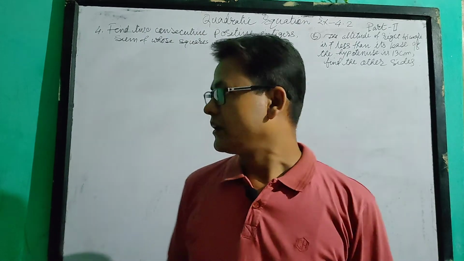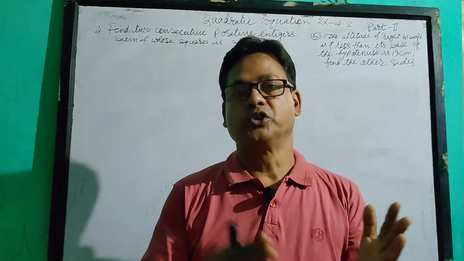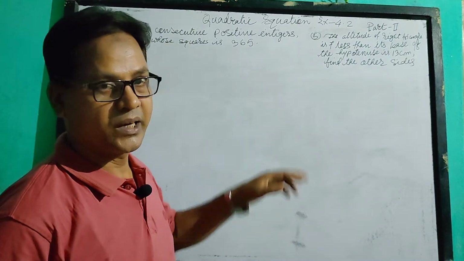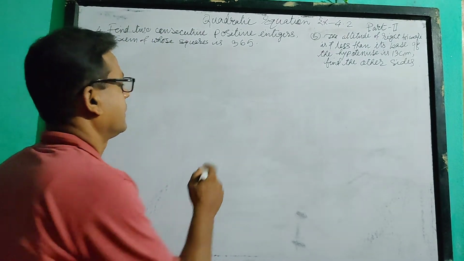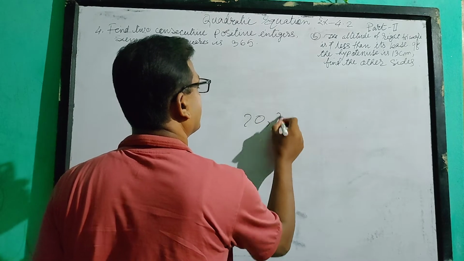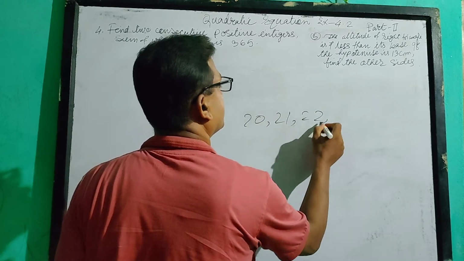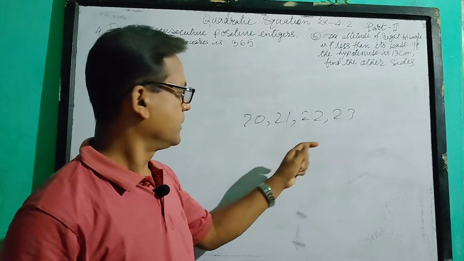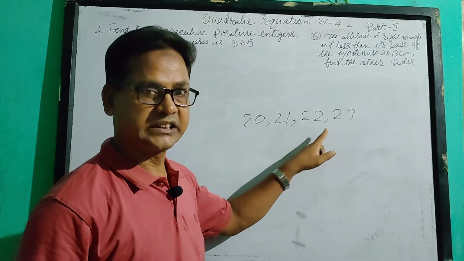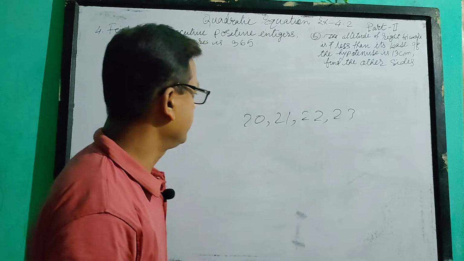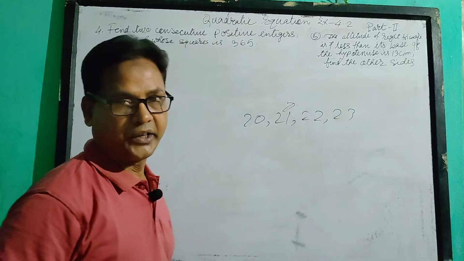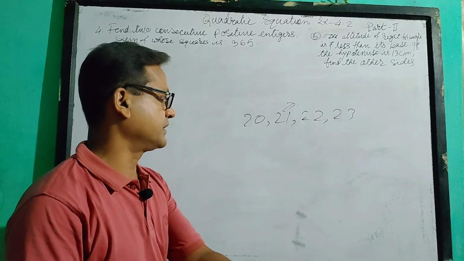What? Two consecutive positive integers. Consecutive means one by one, like this: 20, 21, 22, 23. These are the consecutive, one by one, serial. If we think one number is, suppose, 21, then what will be the other number?